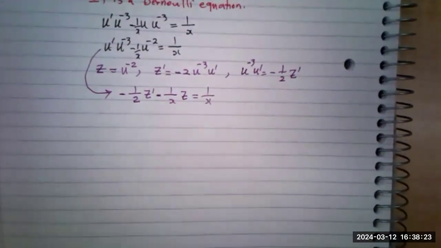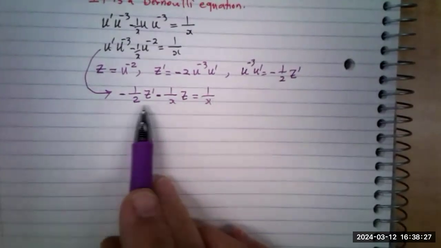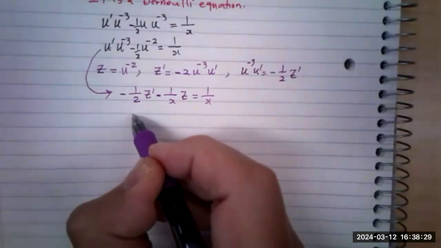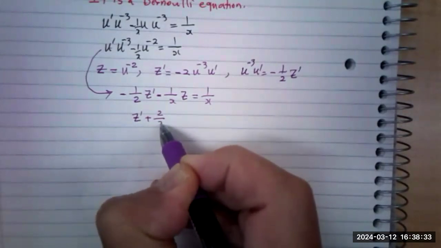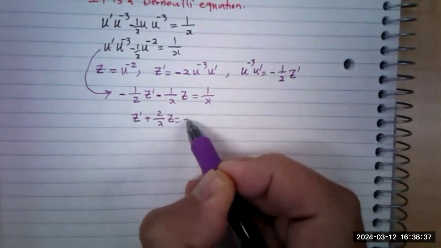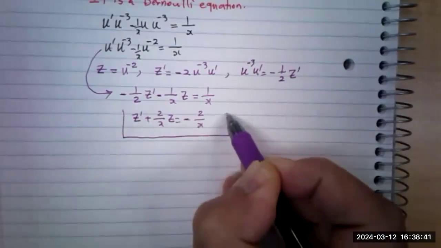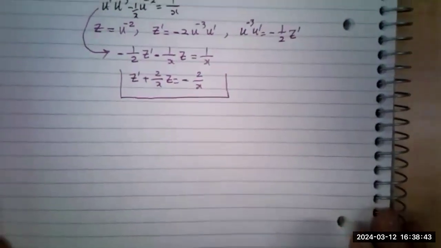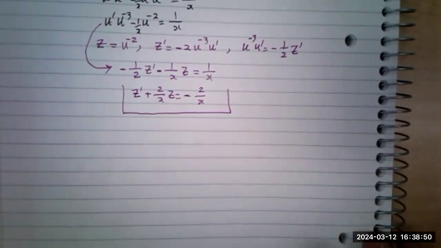You have to change it to a linear equation with respect to z, so we multiply by -2. That gives you z prime plus 2 over x z equals -2 over x. So this would be the substitution z for the Bernoulli equation. Okay, any question? So go ahead and solve the Bernoulli equation.